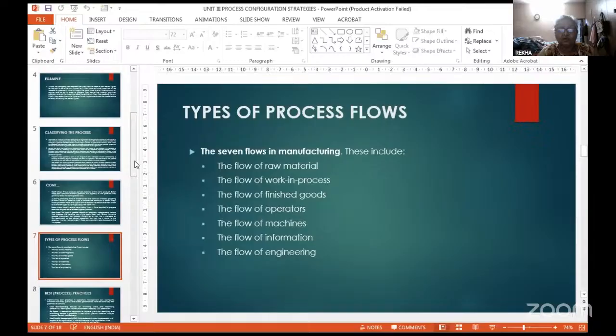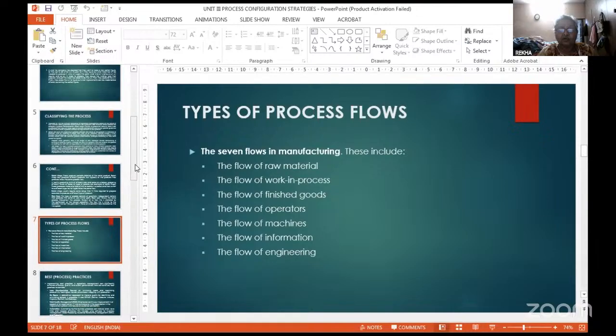stacked, where it has to go from the wholesalers, from wholesaler to retailers. Operators who are producing this good, how they'll be moving, then the flow of machines, how the machines will be moving to produce that particular good or service.